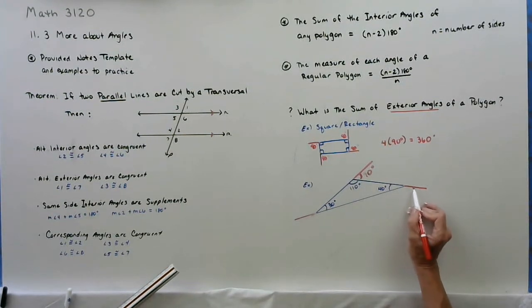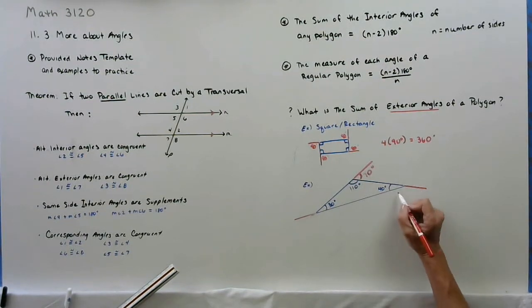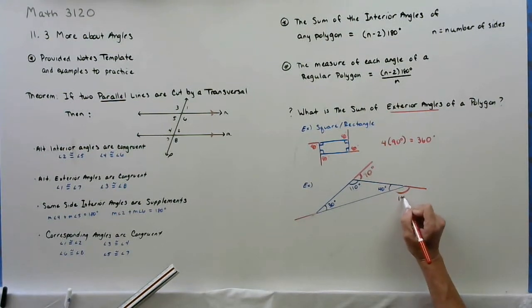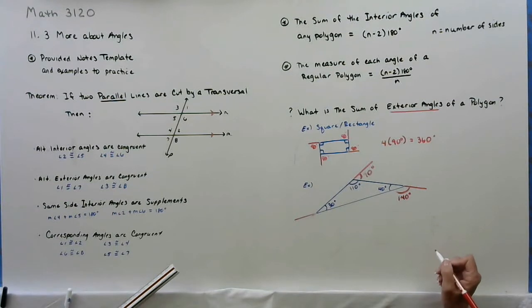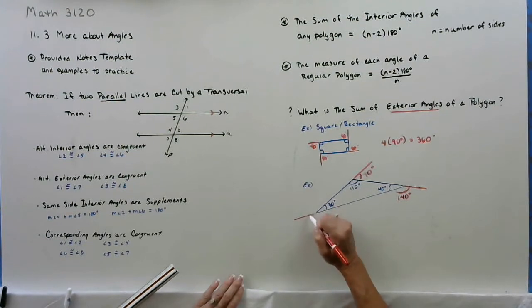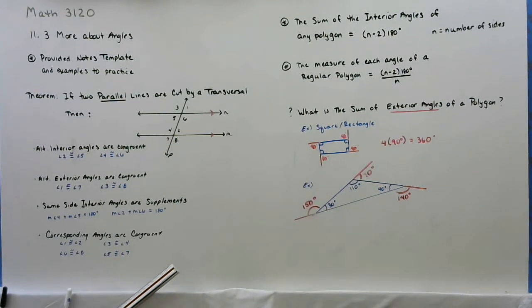This pair of adjacent angles next to each other, it's a linear pair. They have to add up to 180. They're supplements. So 40 plus 140 is 180. Similarly, this is a straight angle, straight line, 180 degrees. So the supplement of 30 is 150.